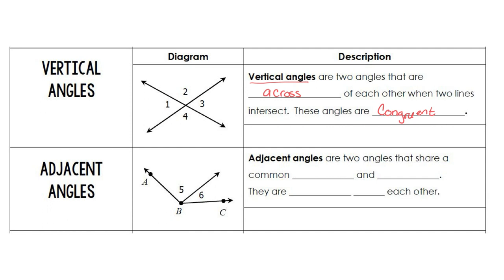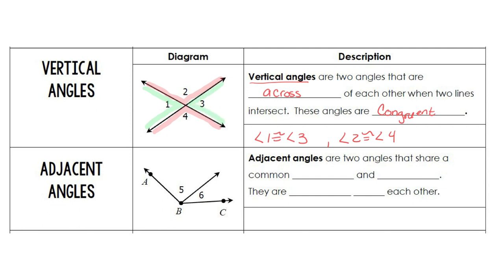So, an example here would be angle 1 is congruent to angle 3, or angle 2 is congruent to angle 4.